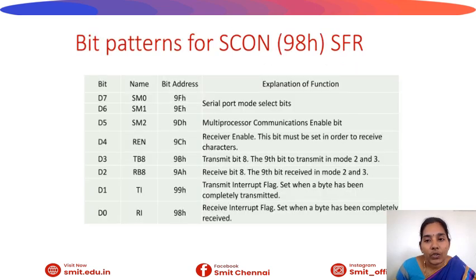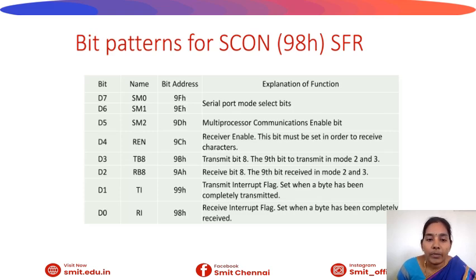The bit pattern of the SCON register is given below. There are 8 bits. D7, D6 are used for the modes. SM0 and SM1 are used for the selection of serial modes, and SM2 is the multiprocessor communication enable bit. The D4 bit is the receiver enable, indicated by REN.